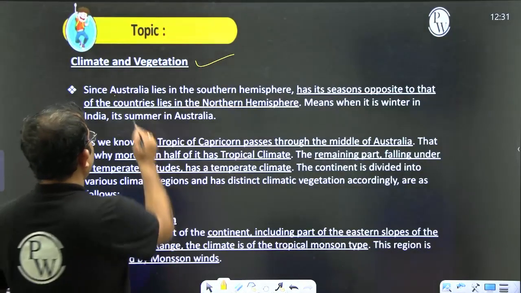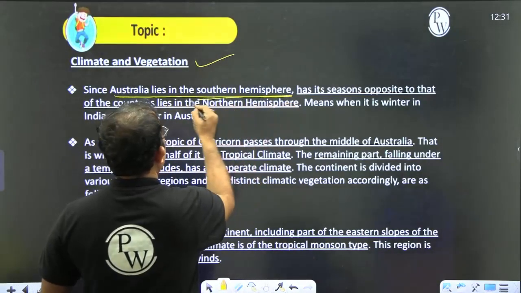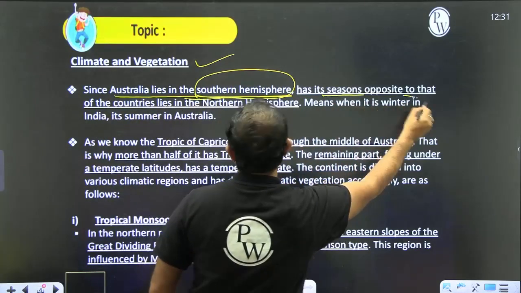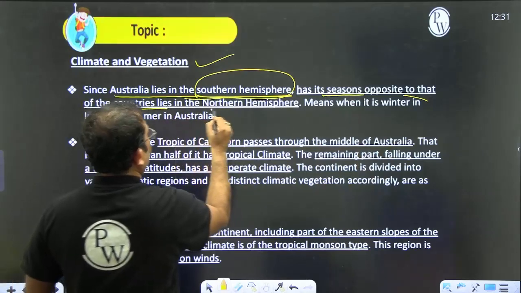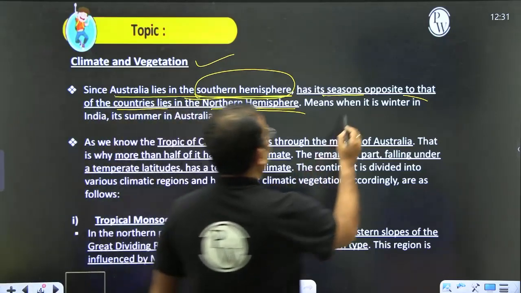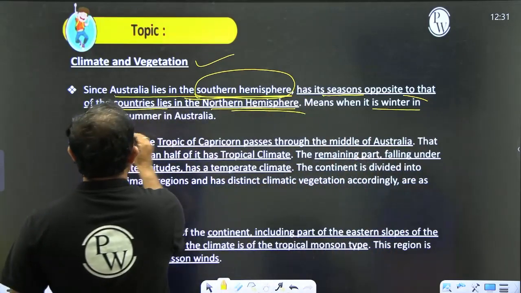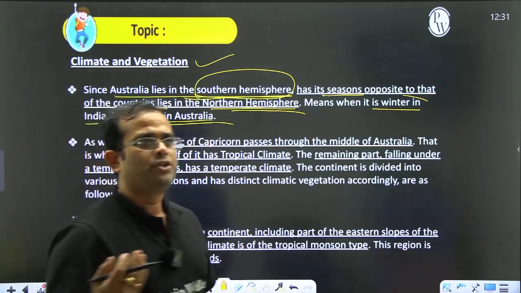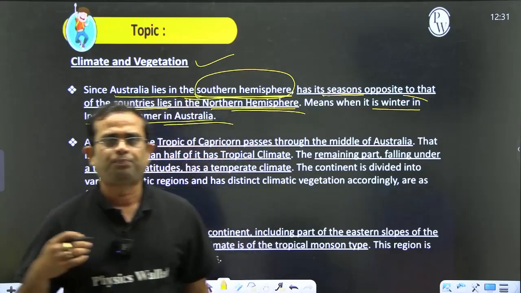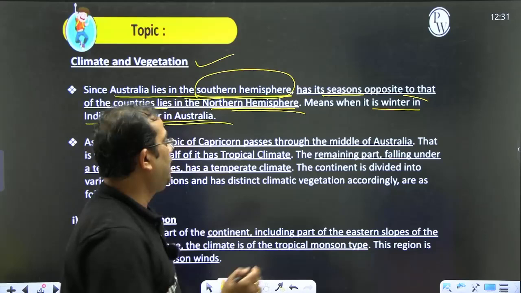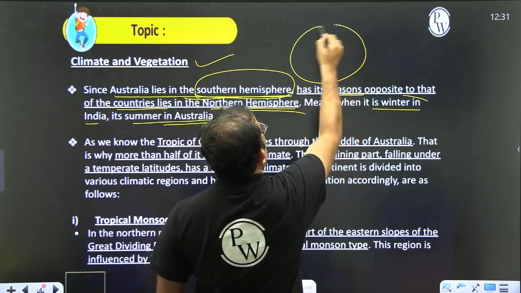Climate and vegetation wise, since Australia lies completely in the southern hemisphere, it has its seasons opposite to that of the countries that lie in the northern hemisphere. Means when it is winter in India, it is summer in Australia. If it is summer in India, it is winter in Australia.